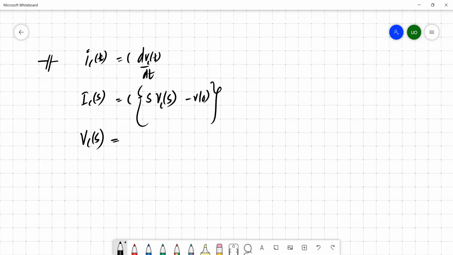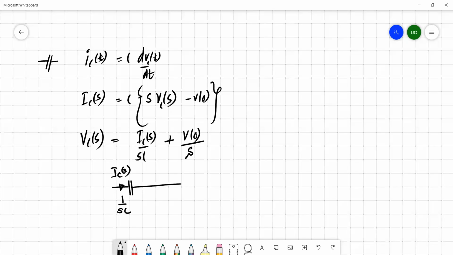equals IC(s) over SC plus V0 divided by S. So then if you model it in S domain, this would be a kind of a capacitor element having an impedance of 1 over SC, and the current flowing through this is IC(s), and you can add a kind of a DC source here.